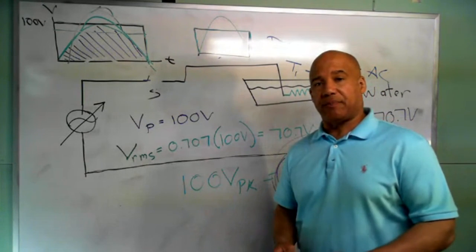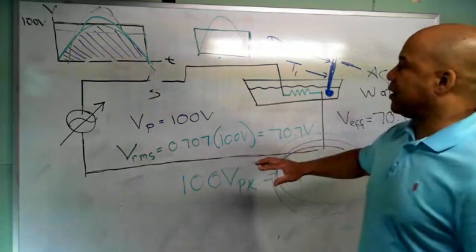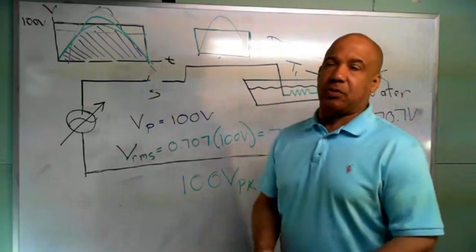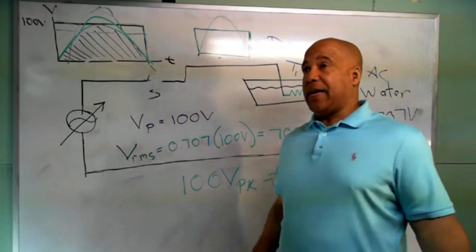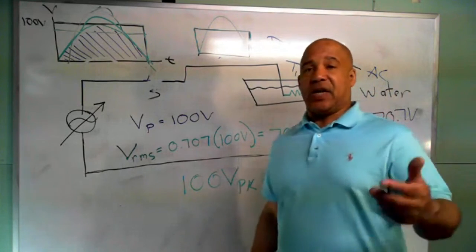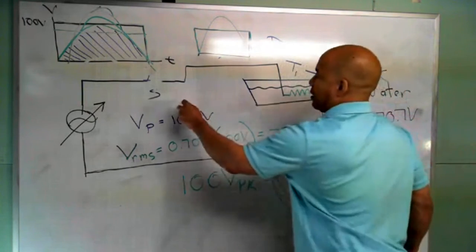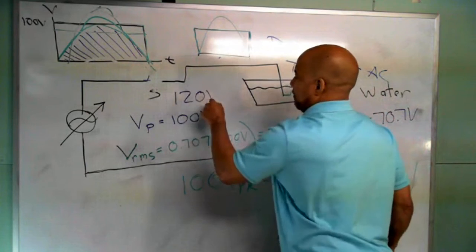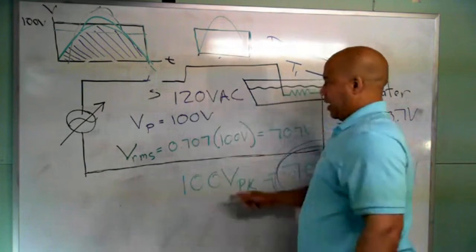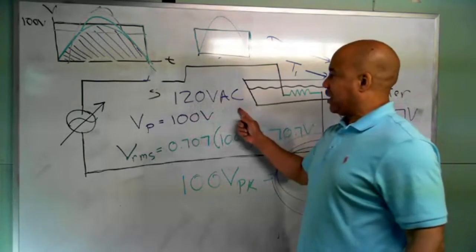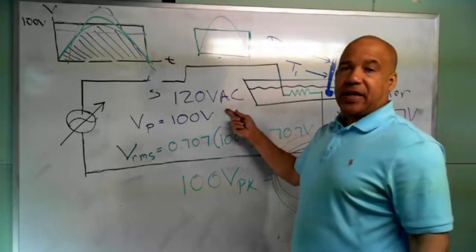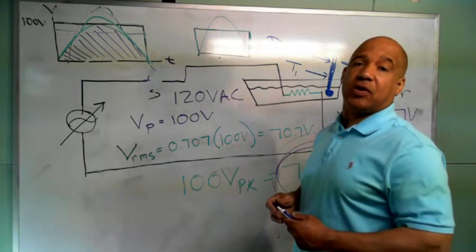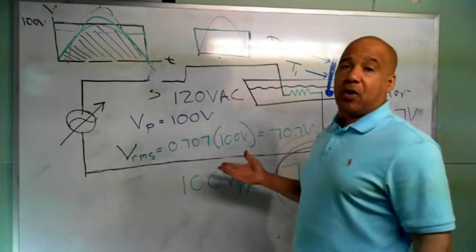So when you go buy a device from the store and it plugs into the wall, you'll see 120 VAC, 120 volts AC. Well, what voltage are they giving you? Are they giving you the instantaneous voltage? The peak voltage?